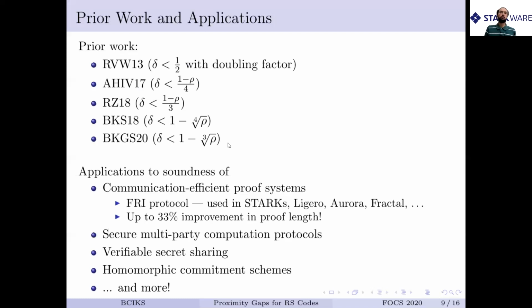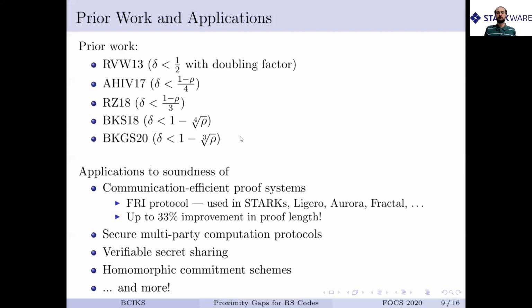And the new improved bound means that this 1/3 log rho is translated into 1/2 log rho, which means that we will need 33% fewer queries in order to get the same level of security and the same confidence that we actually had code words and not just random words.